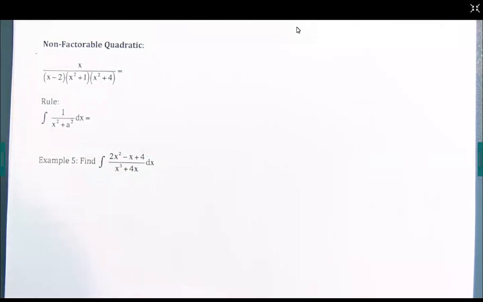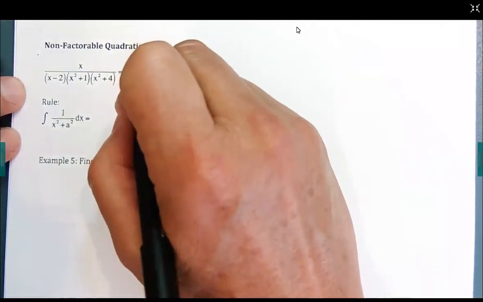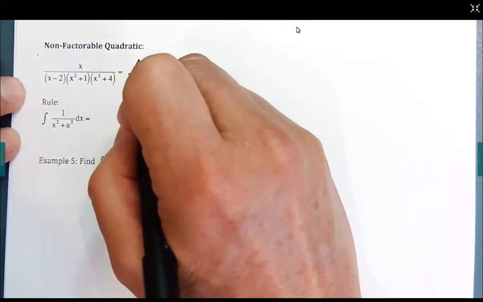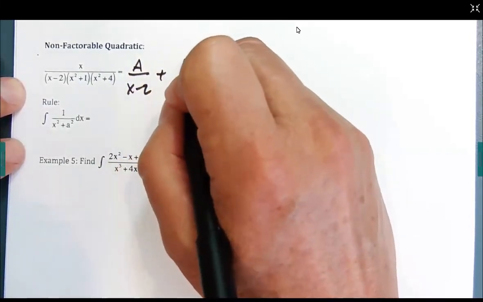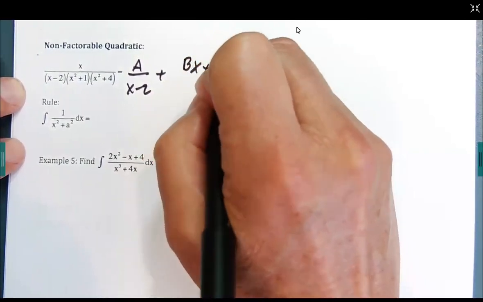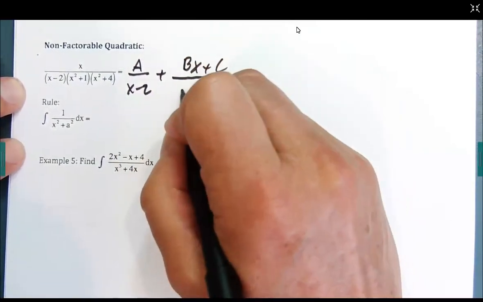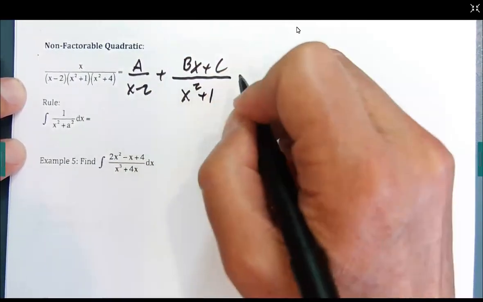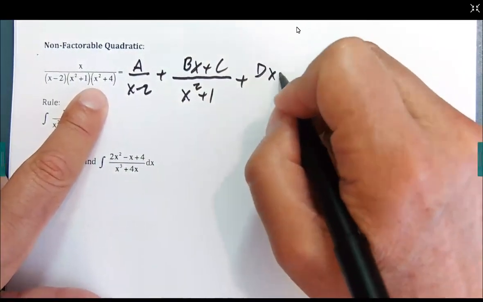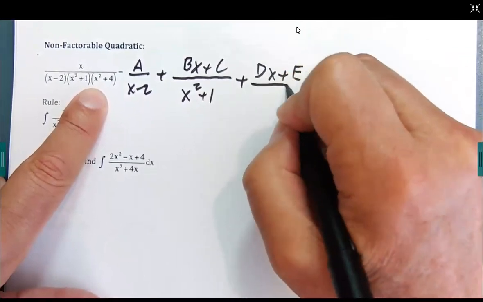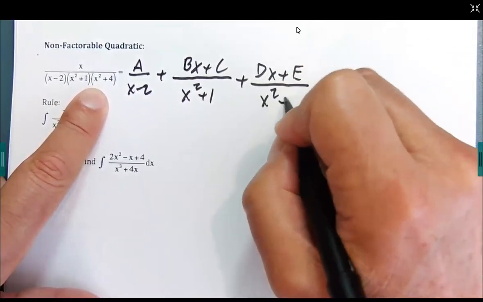So here's how we're going to handle that. This is going to become a over x minus 2 plus bx plus c, so there's my linear, over my unfactorable quadratic. And same for this one, dx plus e over x squared plus 4.